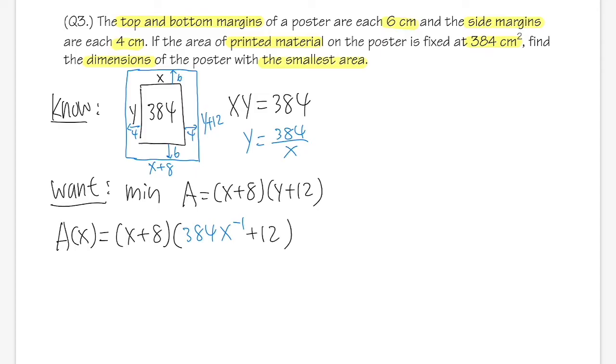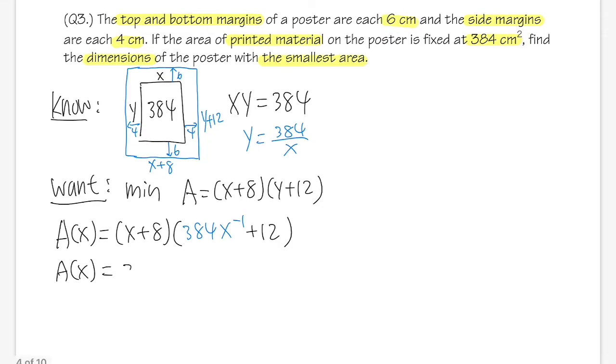Now do algebra before we do calculus. So let's go ahead and FOIL this out. X times 384 X to the negative 1 is just 384, and then X times 12, and then we do 8 times 384. That will give us plus 3072 X to the negative 1 power.